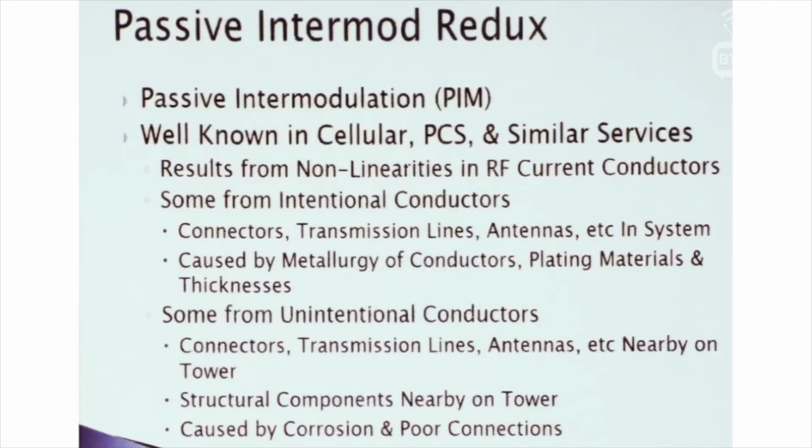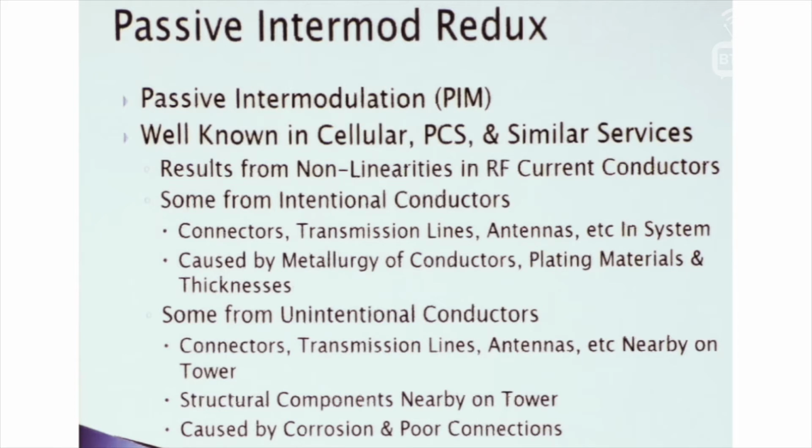Now, even if we do that, that's not going to solve all the problems. Remember that the next thing that I mentioned was passive intermod. And I call this passive intermod redux because we're going over again stuff that I've shown in this conference several years ago. But just for those of you who haven't seen it, passive intermod, or PIM, is well known in cellular and PCS and those kinds of services, and it results from nonlinearities that occur after the transmitter.